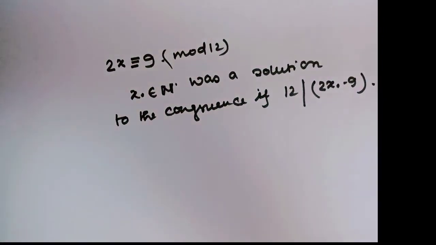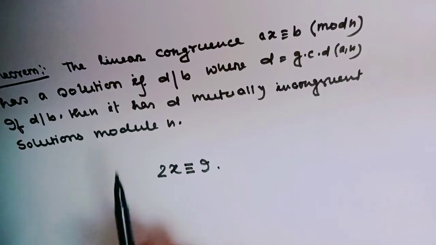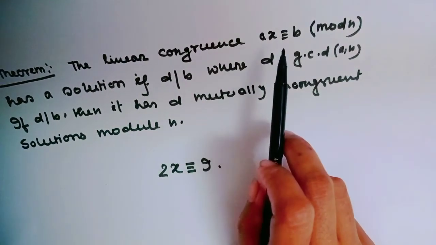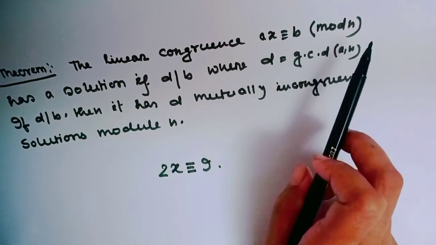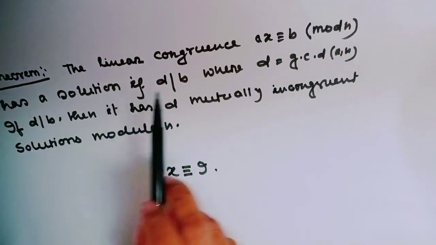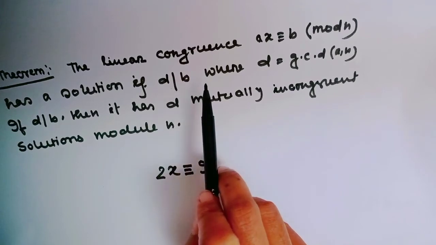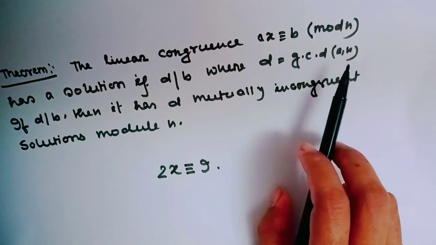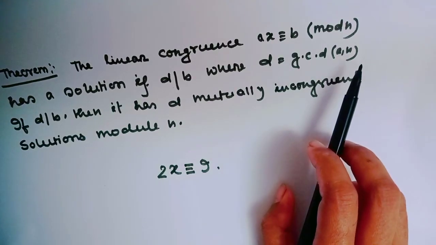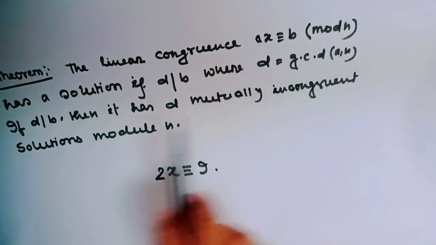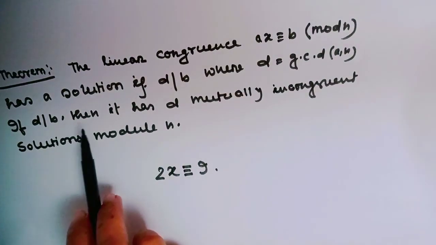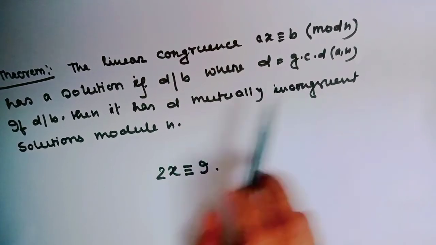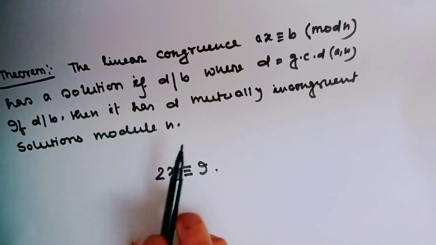Okay, right. The theorem is: the linear congruence ax ≡ b (mod n) has a solution if d divides b, where d = GCD(a, n). If d divides b, then it has d mutually incongruent solutions modulo n.